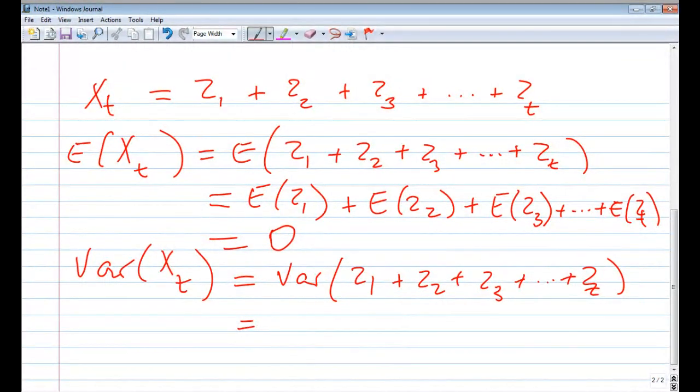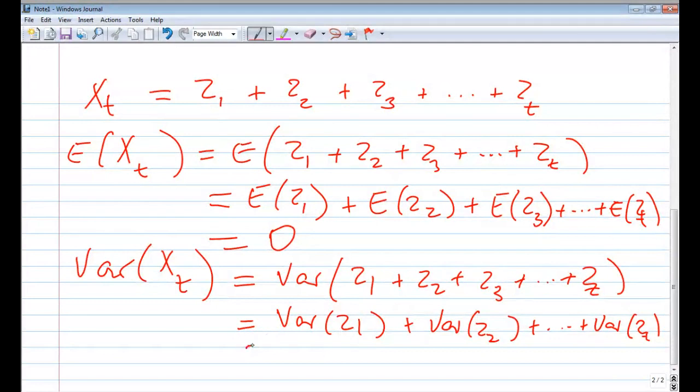So then you introduce the variance throughout. You have var Z1, var Z2, up to var ZT. According to the condition, ZT is a white noise with mean 0 and variance sigma squared Z. So the variance of Z1 will be equal to what?